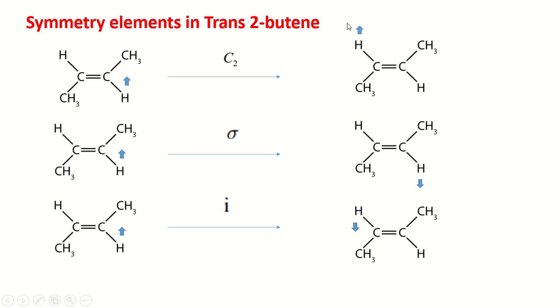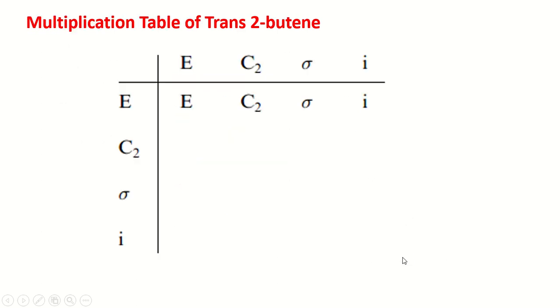The arrow on the upper side would appear on the downward side but on the same hydrogen atom. If this arrow appears downward, then this operation would be equal to the inversion center. So here we can write inversion center in the second row but in the third column.